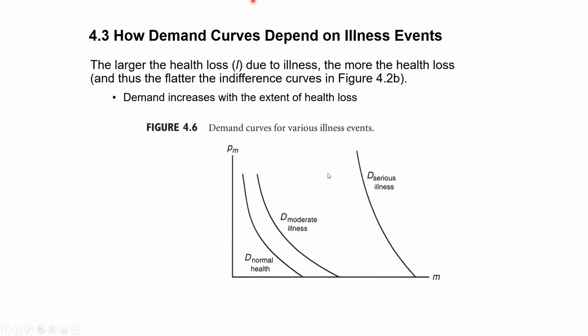So at higher income, the demand curve associated with each event would sit somewhere to the right, no, in this figure. If your income is higher, because you have more capacity for paying the price for medical services, it would be on the right side of the figure.